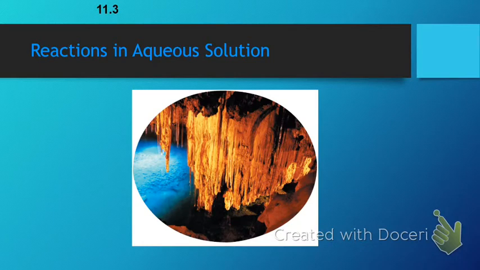These structures in the limestone caverns are formed from carbon dioxide converting calcium hydrogen carbonate into calcium carbonate. The calcium carbonate precipitates and forms the stalactites and the stalagmites that are so impressive.